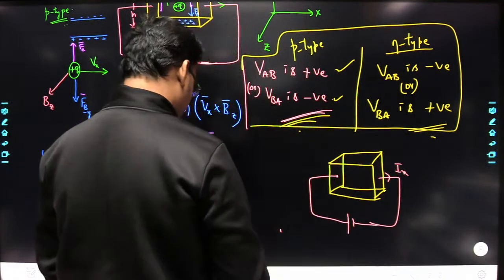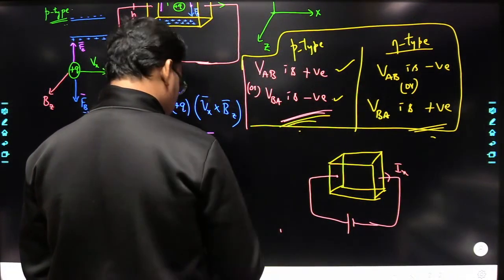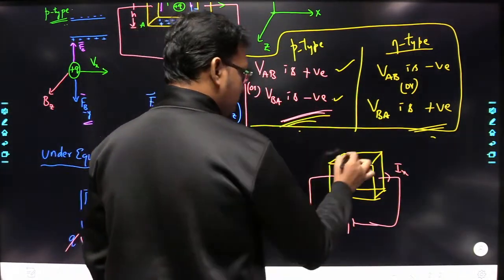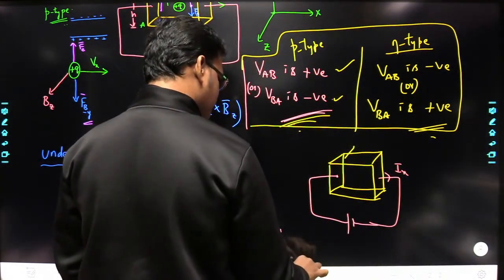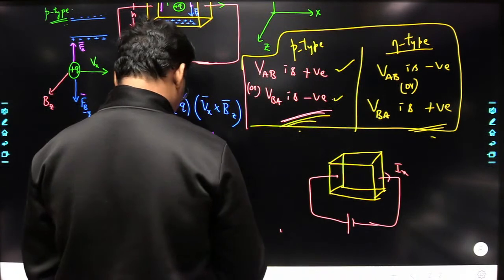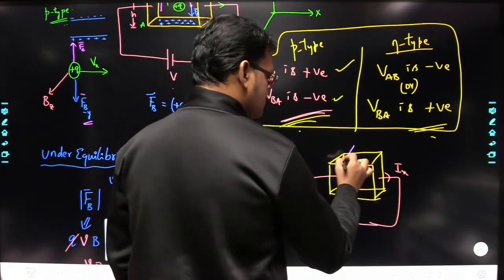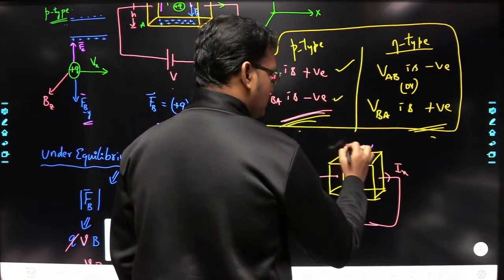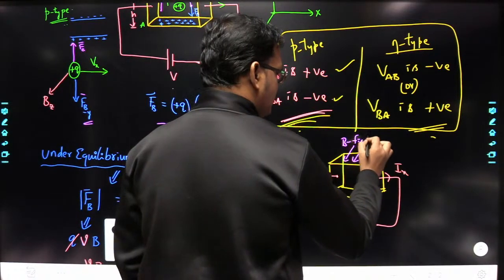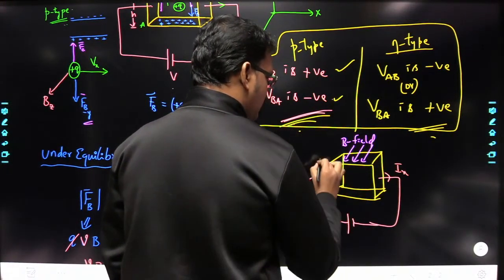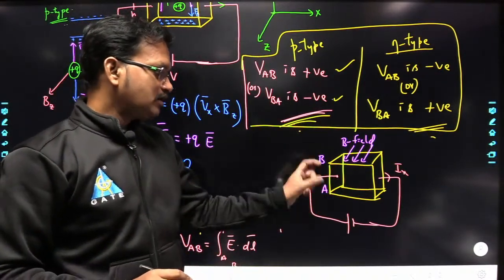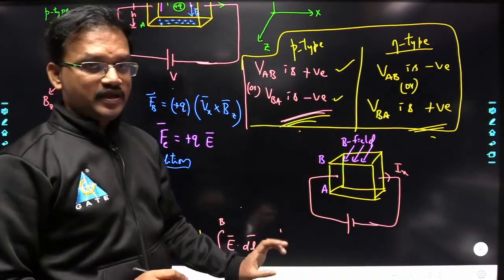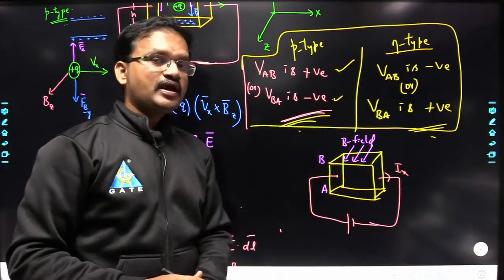Whenever the current-carrying semiconductor is subjected to a transverse magnetic field, understood? Now I am considering this as A and this as B. Based upon the potential difference between A and B, I can tell which type of semiconductor it is.